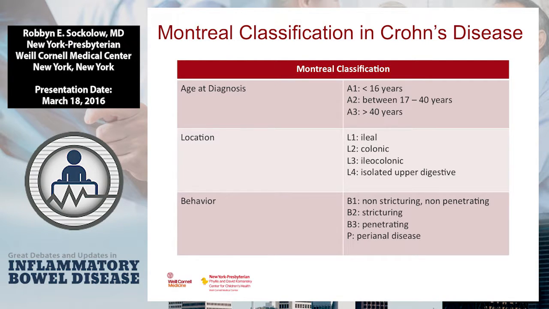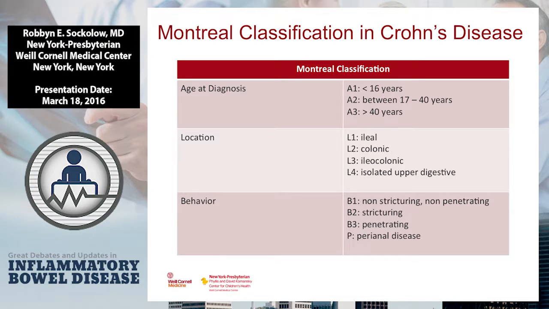The Montreal classification came out for Crohn's disease, and how this was different is it did break it up now a little bit more pediatric friendly in the sense that A1 was less than 16, A2 was your younger group of patients, and A3 for the older. Although I say less than 40 is still not older. Location, again, being as important, is it ileal?